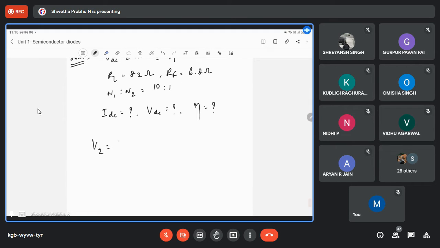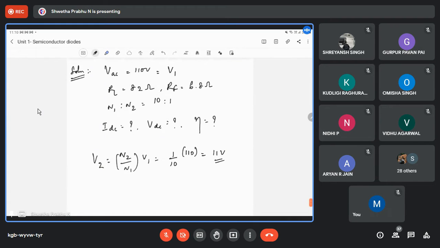So we know this relation V2 by V1 equals N2 by N1. So I can write this as 1 by 10 into 110. This will be equal to 11 volts. This is V2, that is the secondary voltage. Did you understand the difference between primary voltage and secondary voltage? This is by using a step down transformer.